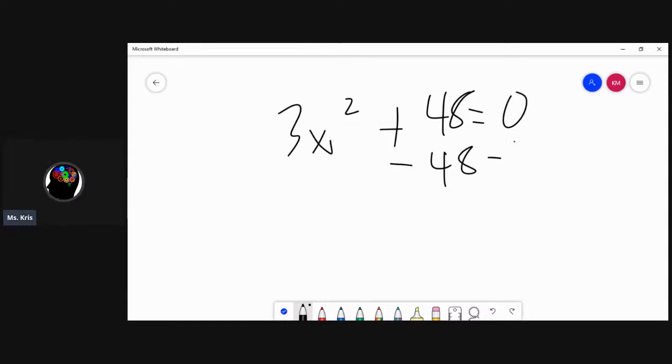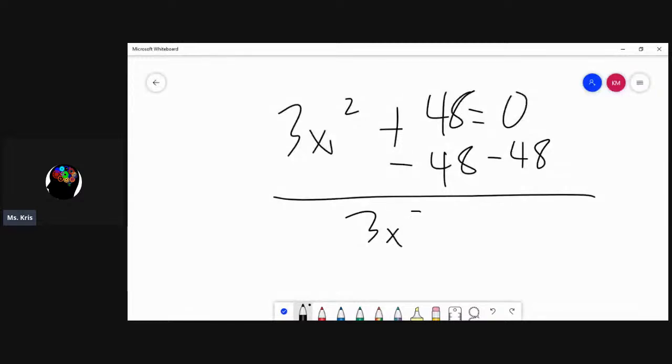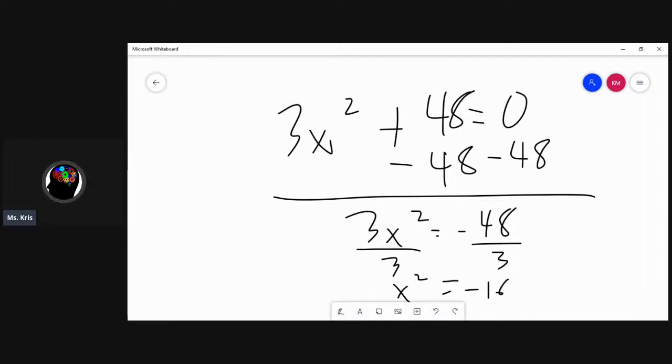Subtract 48 on both sides. That gives me 3x squared equals a negative 48. Divide both sides by 3. And x squared equals a negative 16.